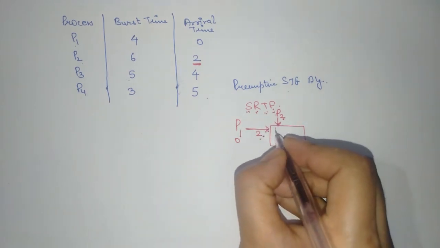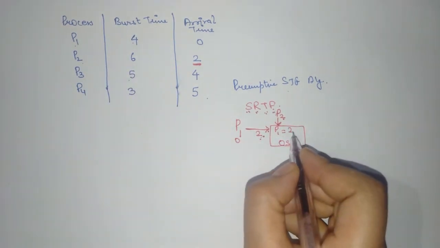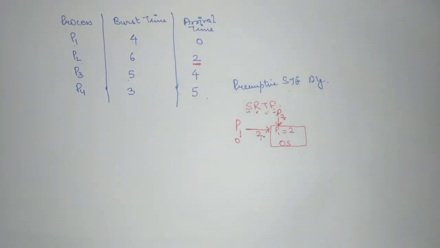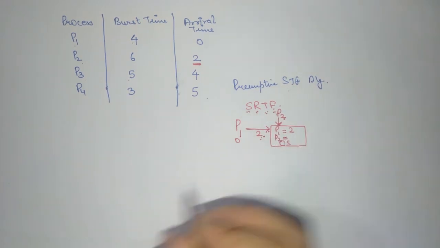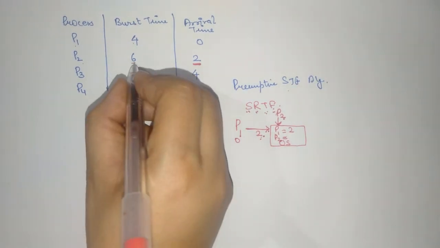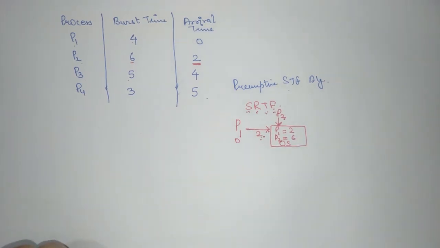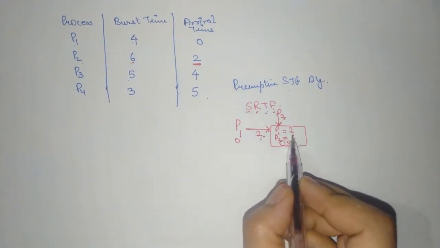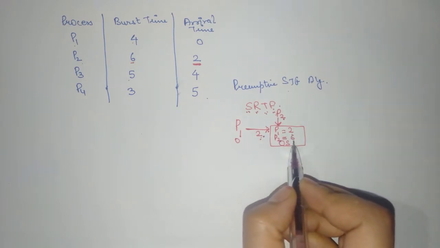Now the remaining time of process 1 is 4 minus 2, it's 2. That means it needs 2 milliseconds more for its completion. And the new process which entered the ready queue is P2, whose burst time is 6. Now which process is smallest? P1 is smaller than P2.